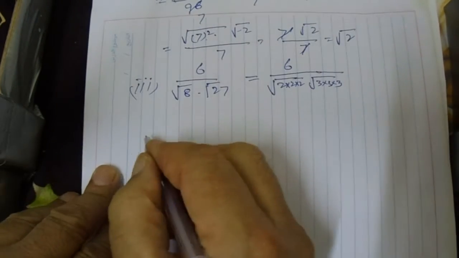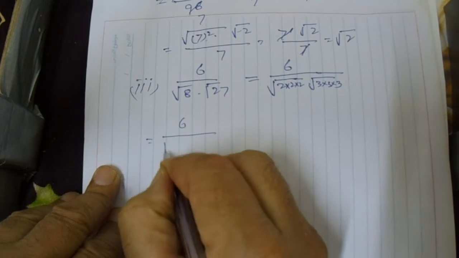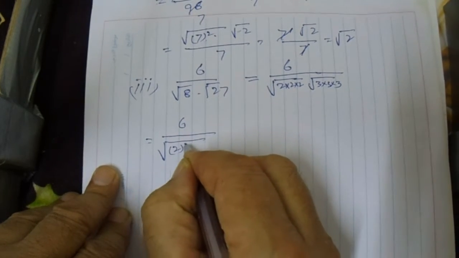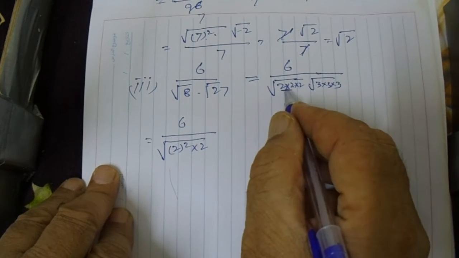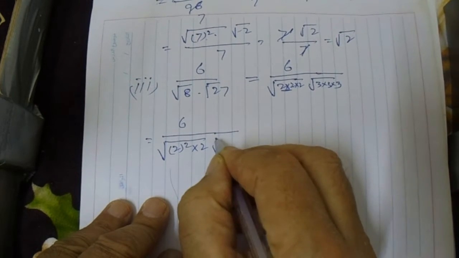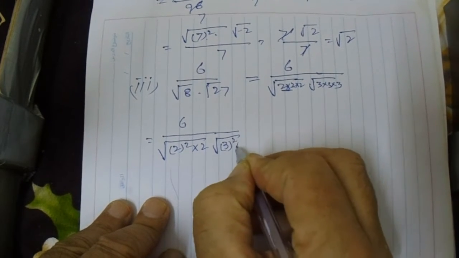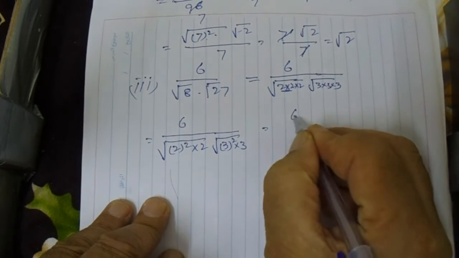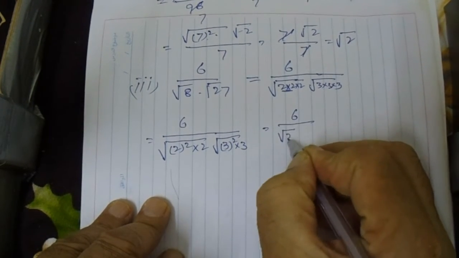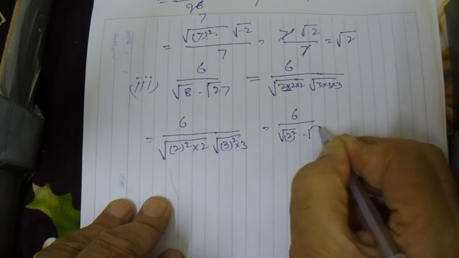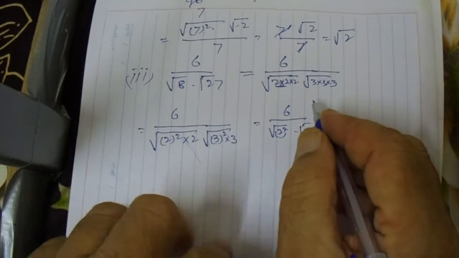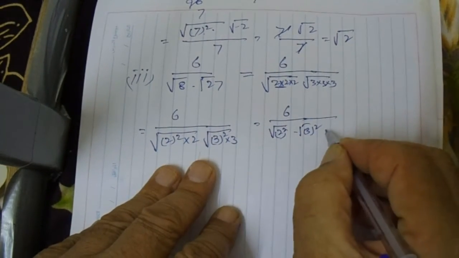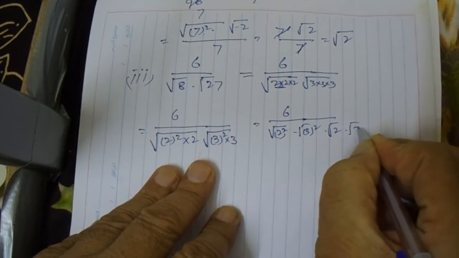Here also we have 6 over root of 2 to the power 2 multiplied by 2. We combine and write 2 to the power 2, and root of 3 to the power 2 multiplied by 3. Again we separate these, writing separately root 2 squared and root 3 squared, and also root 2 and root 3.